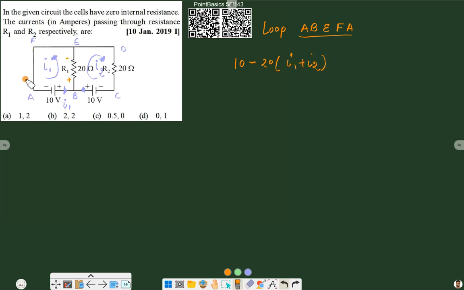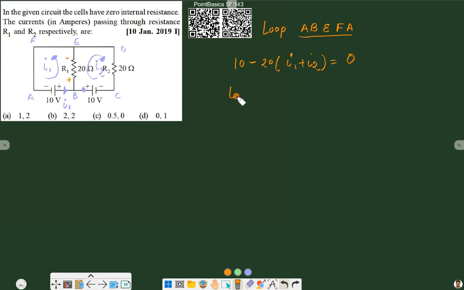There is no further element in the circuit, so we come back to A. It will be 0, because we started from point A and came back to point A, so the difference from A to A is 0. So what we have written should be equal to 0.